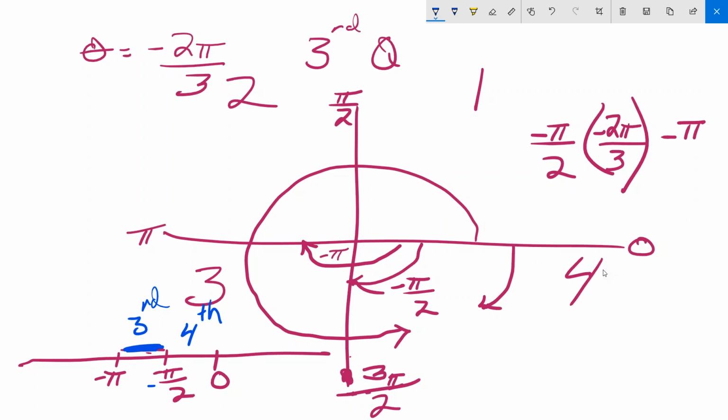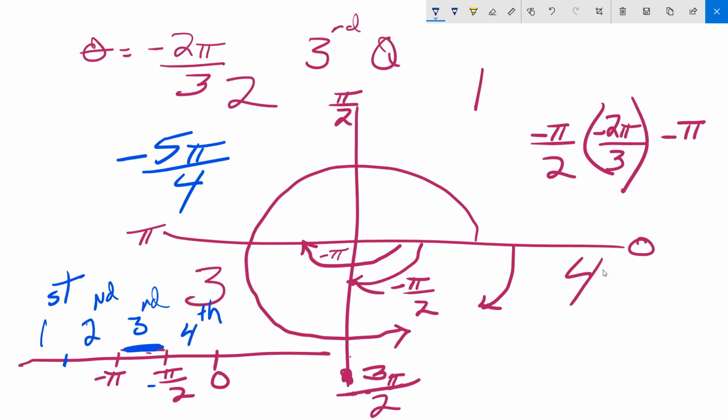If I want to get to the second quadrant, it would be numbers like minus 5 pi over 4, numbers to the left on the line graph. So it goes like that when you're going clockwise.